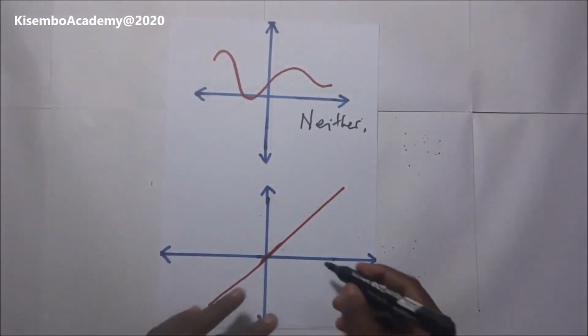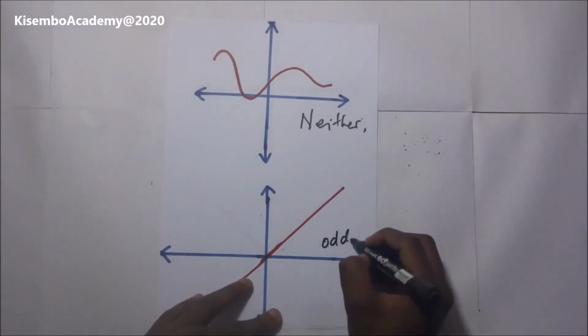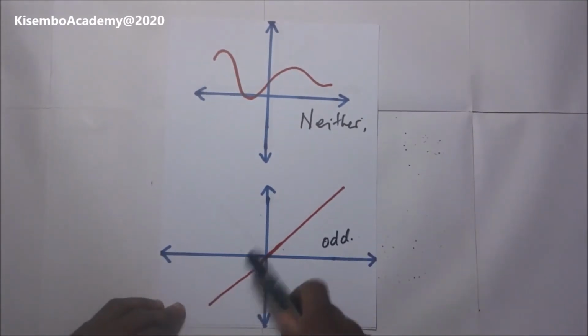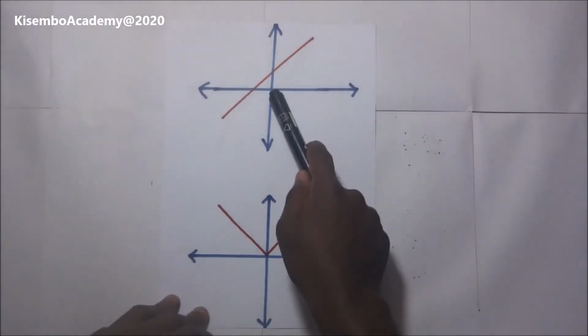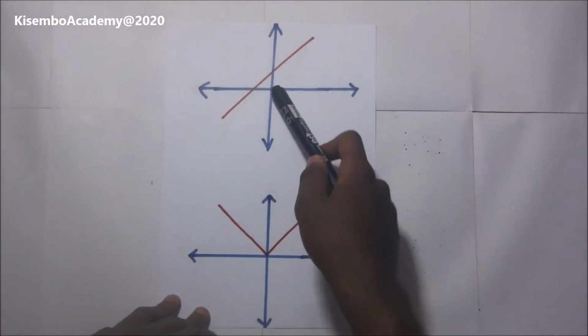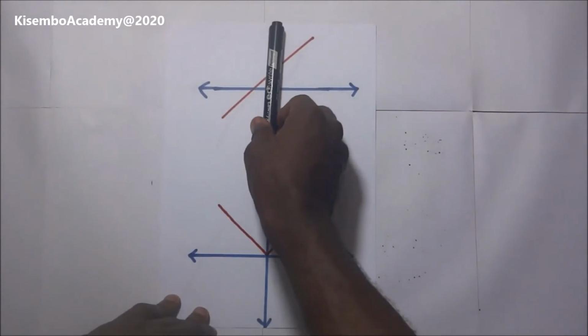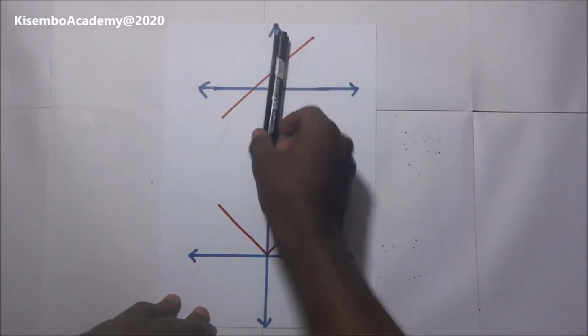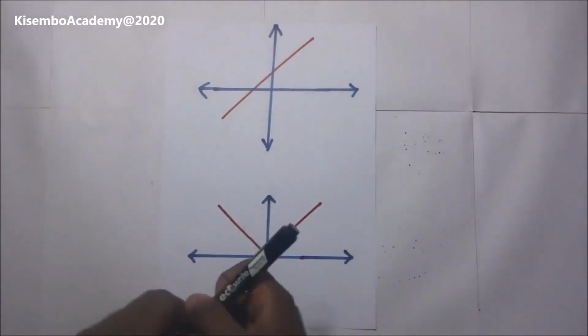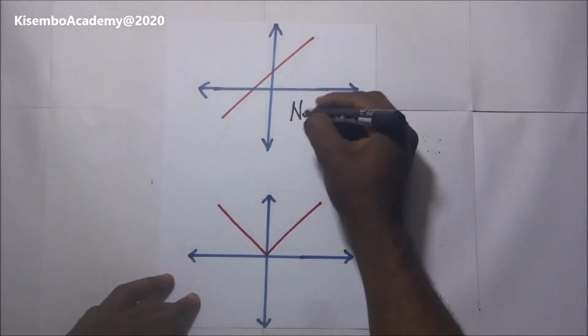So it means that this is an odd function, since it's having a rotational symmetry about the origin. If you look at this one, it's not having a rotational symmetry about the origin, and it is not having a symmetry about the y-axis. So this one is neither odd nor even.